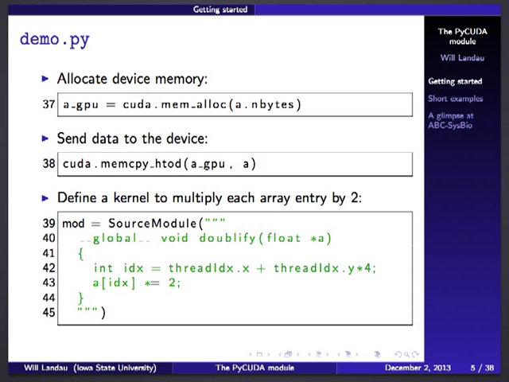Now, for some kernels, in the general case, you will have to write them. There are ways to do this with built-in functions, but in the general case, you will actually need to write your own kernels to run something in parallel using PyCUDA. But you can just store that kernel as a string.